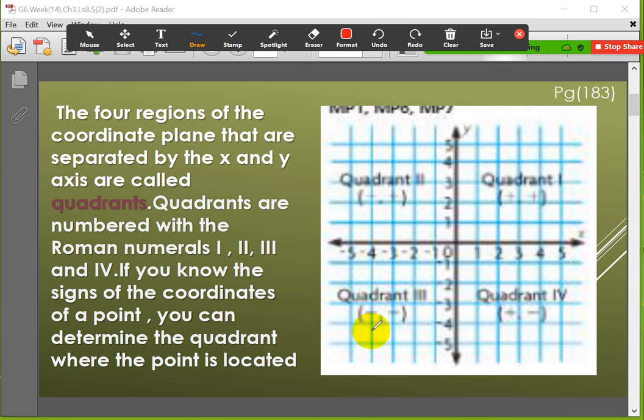The third one, which is on the left and down, we name quadrant III. And the fourth one will be on the right and down, we name it quadrant IV in Roman numerals. Okay?